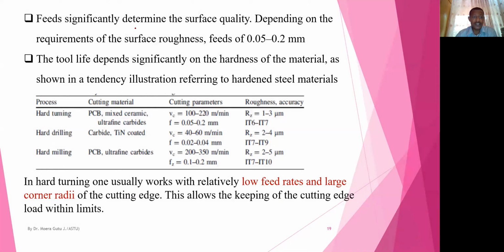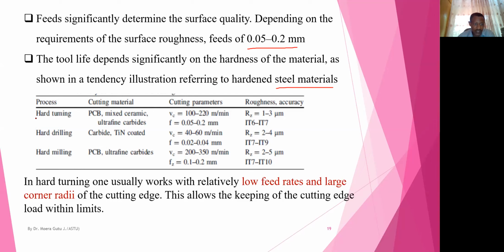Feed significantly determines the surface quality. Feed rates of 0.05 up to 0.2 millimeter can be applied depending on the requirement of the surface roughness. The feeds during hard turning can reach a maximum of 0.2 millimeter. The tool life depends significantly on the hardness of the material, as shown in the tendency illustrations referring to hardened steel materials.